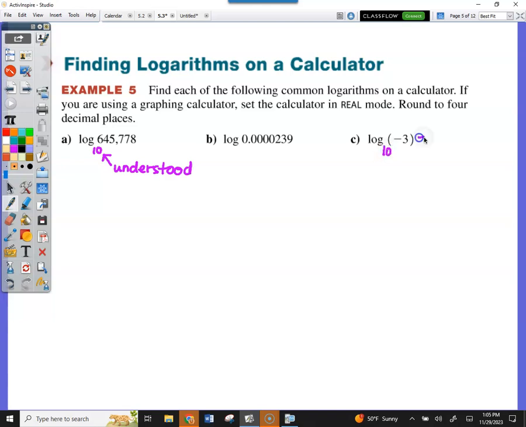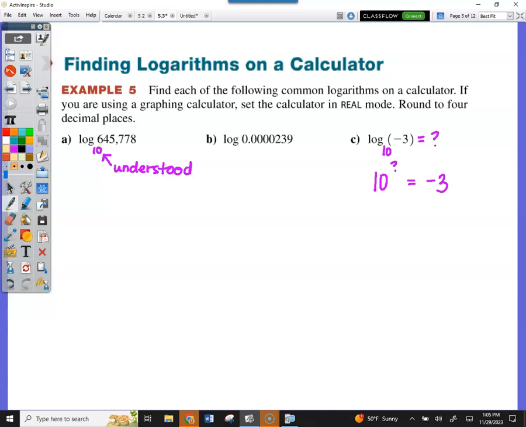So come right here and let's fill this in. 10 to what power would give me -3? Is there any way to take a 10, to a power, and result in -3?